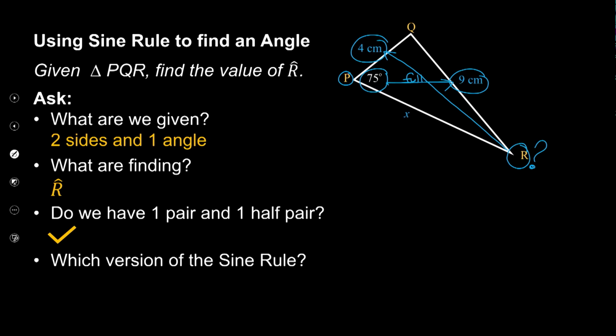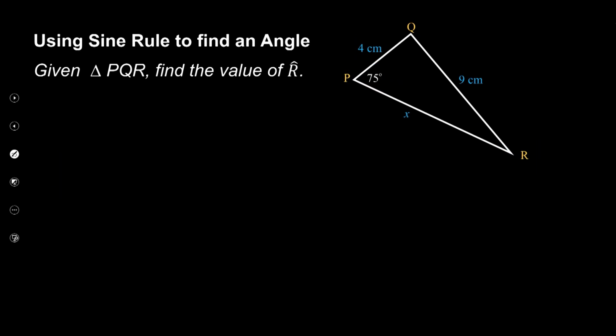Next question, which version of the sine rule are we using? Again, what are we finding? We're finding angle R. Because we're finding angle R, we're going to use the version of the sine rule that has sine R in the numerator, because it makes our calculation easier.